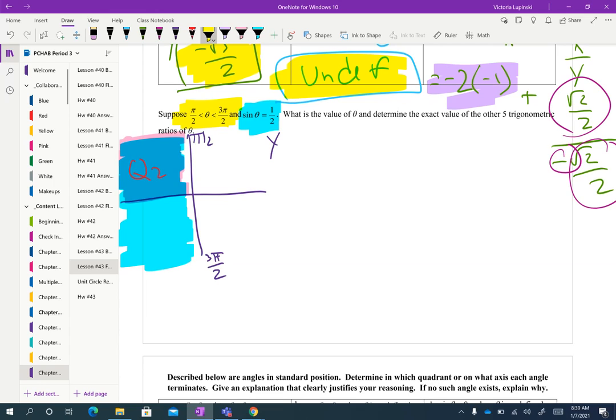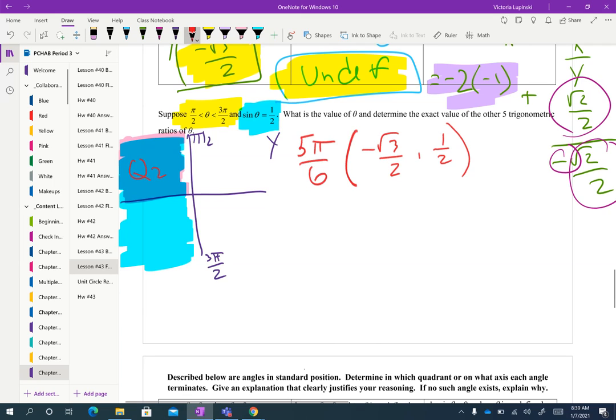The fact that the angle is between pi over 2 and 3 pi over 2 tells me it's on the left side. The fact that the sine, which is a y value, is positive tells me it's quadrant 2. By looking at the unit circle, the only value that fits both requirements is 5 pi over 6. For 5 pi over 6, you copy the ordered pair, which is negative radical 3 over 2, comma 1/2.